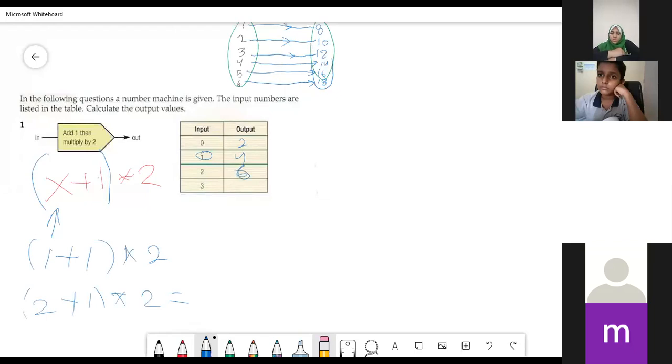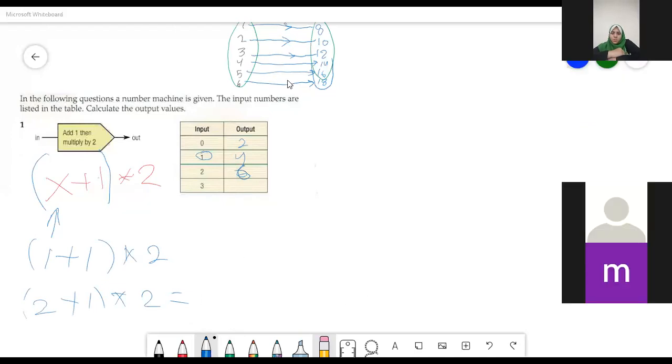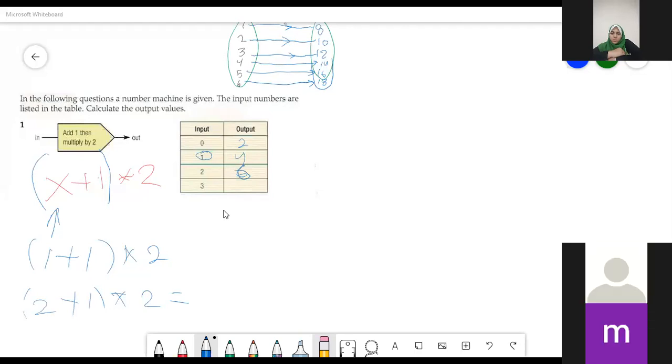In case the input is 3? The answer is 8, because 3 plus 1 equals 4, and 4 times 2 equals 8. Right?